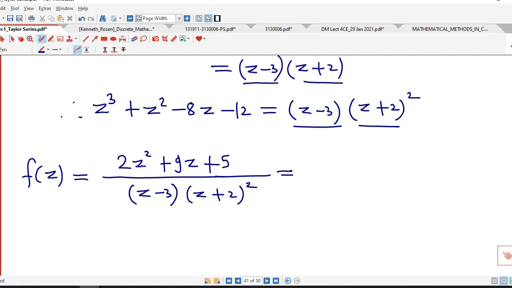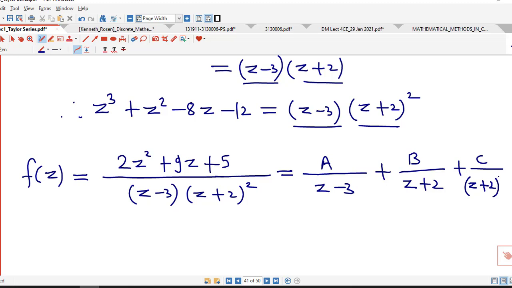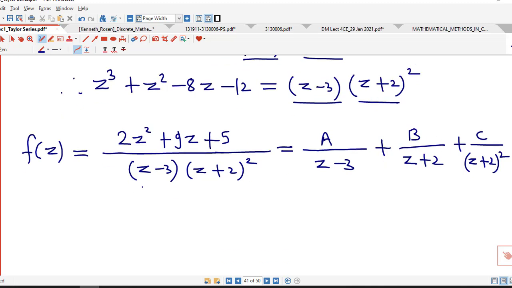And because this is a proper rational function, we can always represent it in terms of partial fractions as A over z minus 3, B over z plus 2, plus C over z plus 2 square. Because z plus 2 is repeated, we have to consider two constants B and C. So now we will find the values of A, B and C.